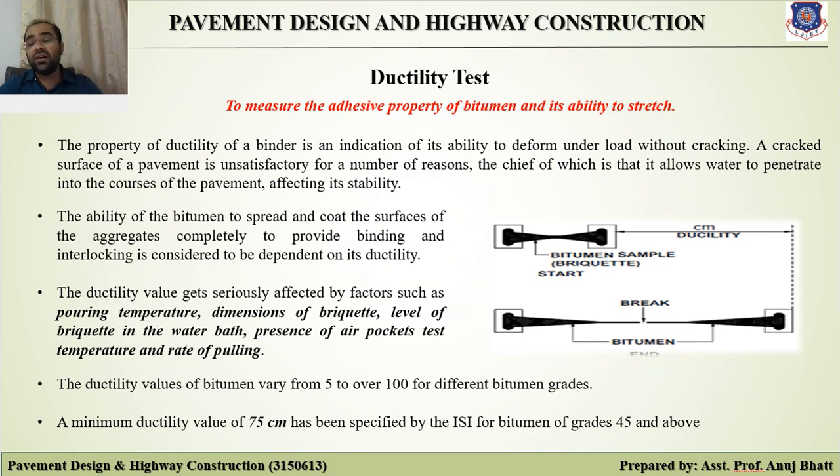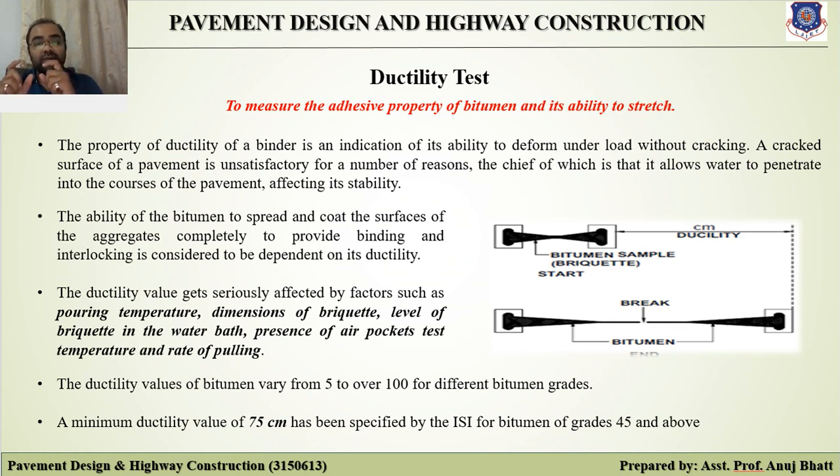Here you can see in the image that there are two clips. In these two clips, a bituminous sample gets poured and thereafter it will get stretched at the rate of 50 mm per minute. Let's go through the test.